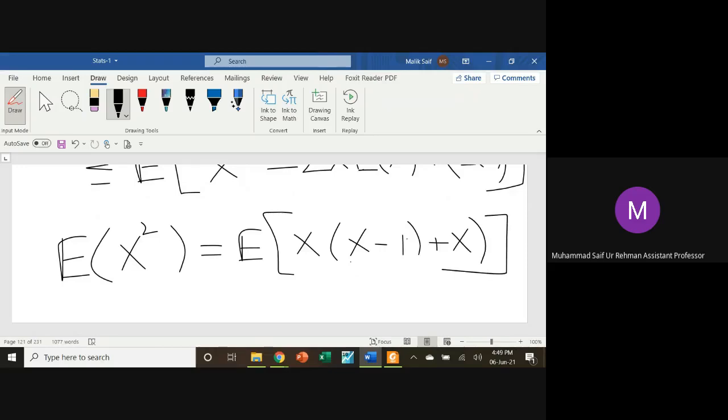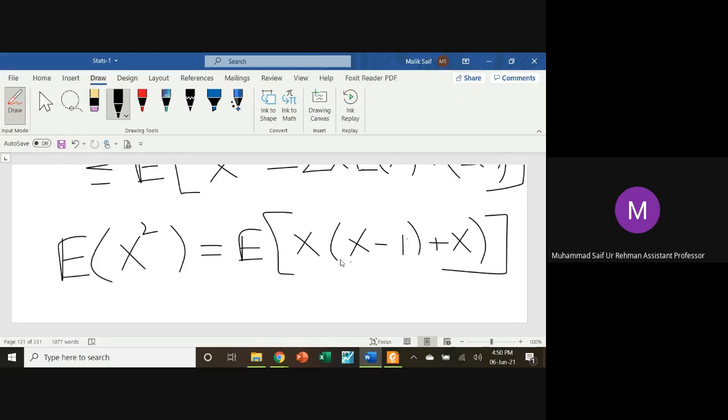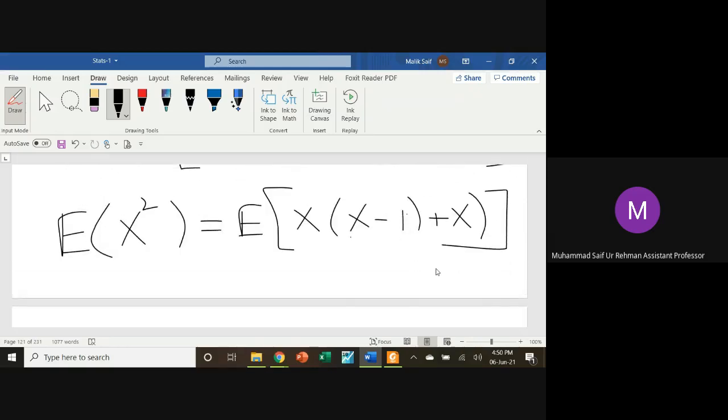If you open it, it will become x square minus x plus x. So minus x plus x will be cancelled out, and you will remain with E(x square). So E(x square) is equal to this, no problem. Is it clear? But this will help in solving the question.